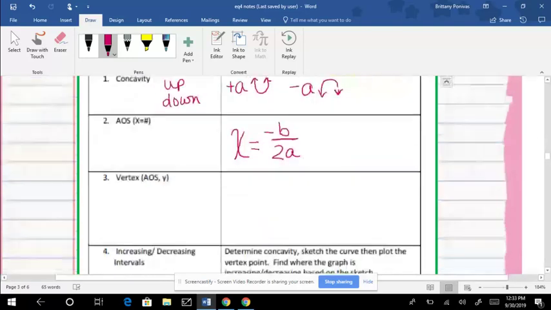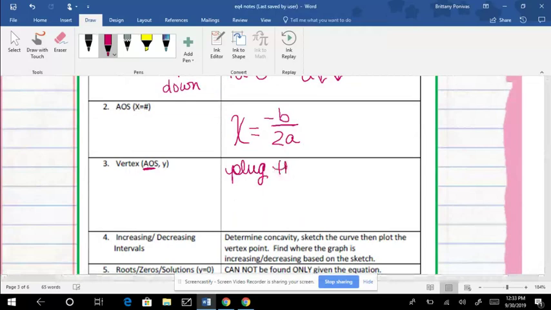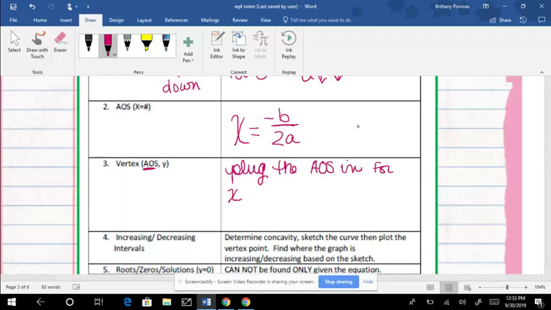Your vertex. Once you find that axis of symmetry value, you are going to plug the axis of symmetry in for x and solve for y.